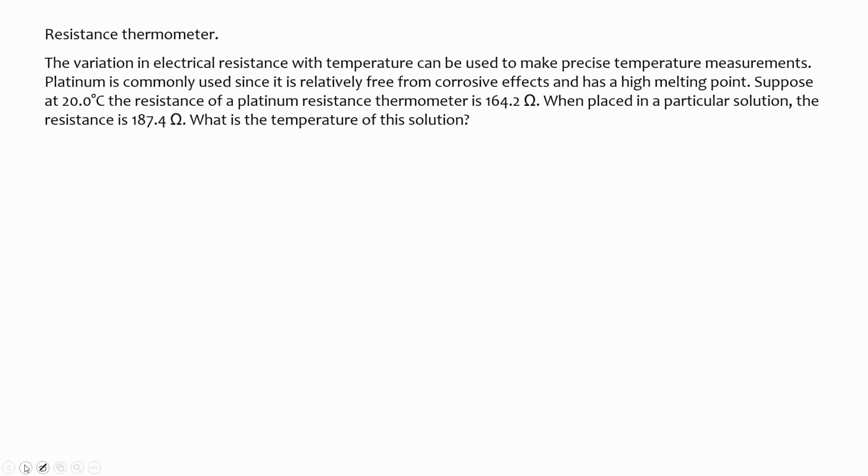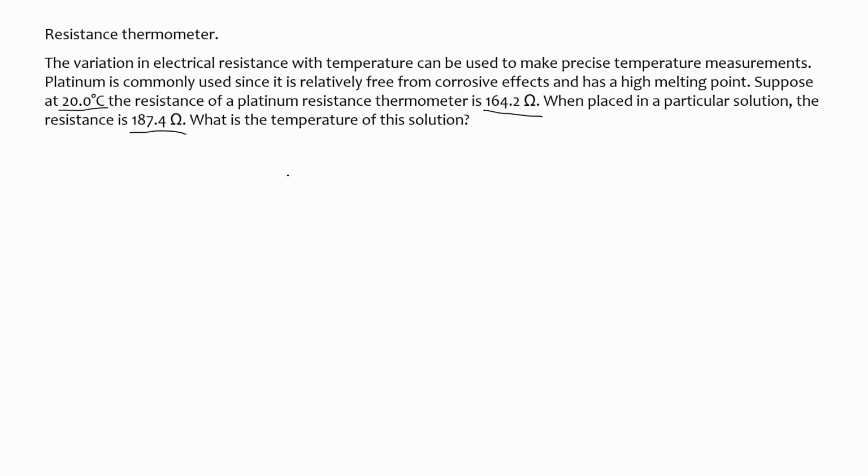Alright, last one, we're going to look at temperature change. So you can read through there. Yes, you can make thermometers by measuring resistance. Essentially, we've got platinum wire, wonderful metal, at 20 degrees Celsius, and this is the resistance. If the resistance changes to this value, what is the temperature?